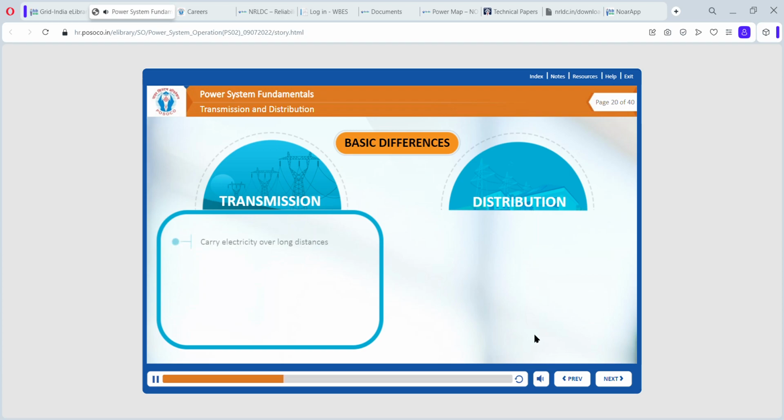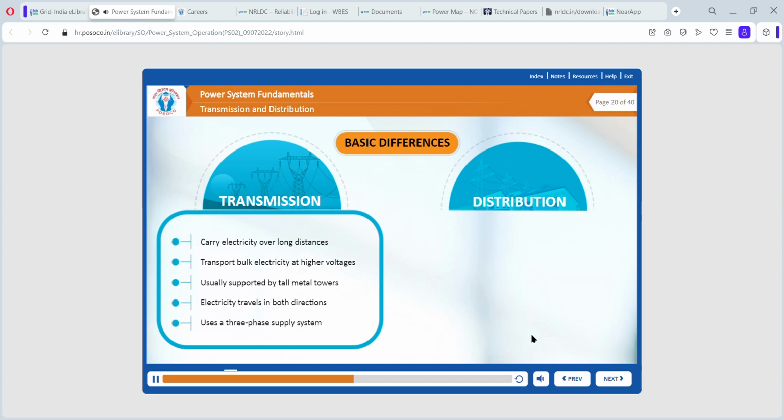Transmission. Carry electricity over long distances, that is, across the state. Transport bulk electricity at higher voltages, typically between 60 kV and 800 kV. Usually supported by tall metal towers. Electricity travels in both directions. Uses a three-phase supply system.